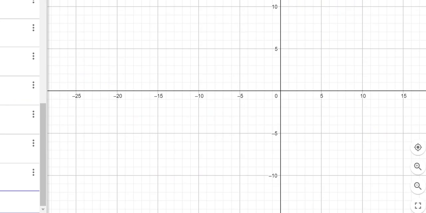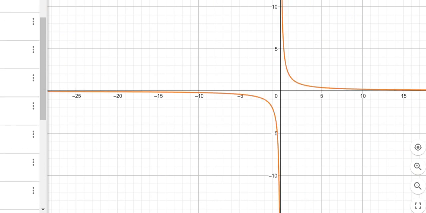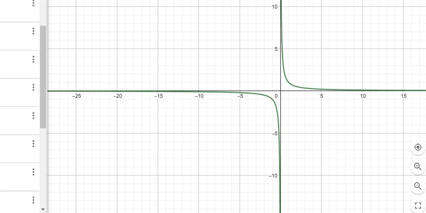Let's see our example here. That's my original. And I want to have it 2 times 1 over x.